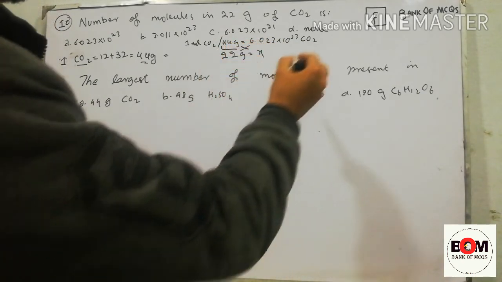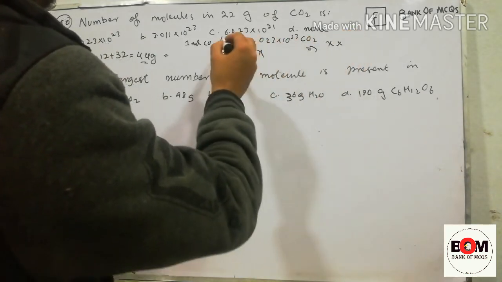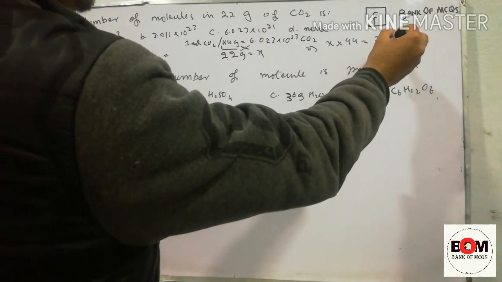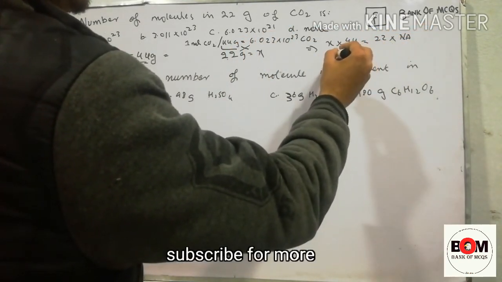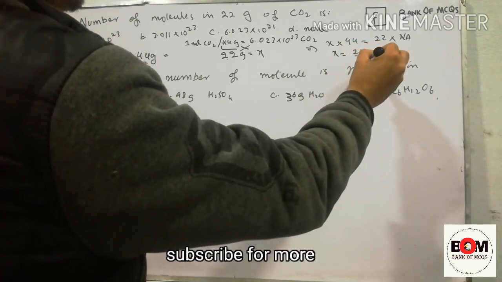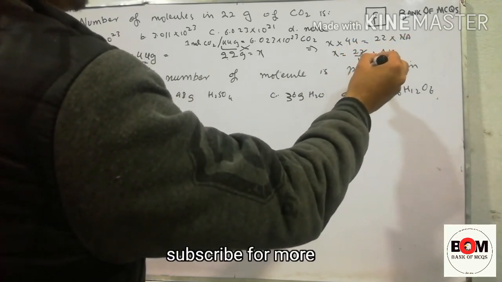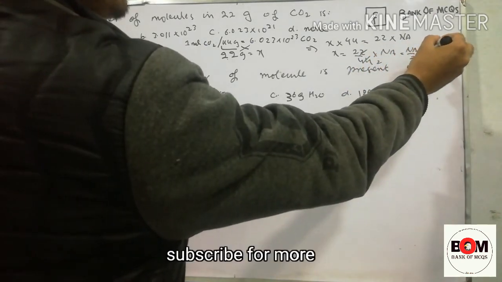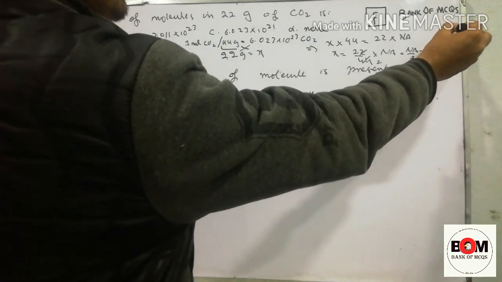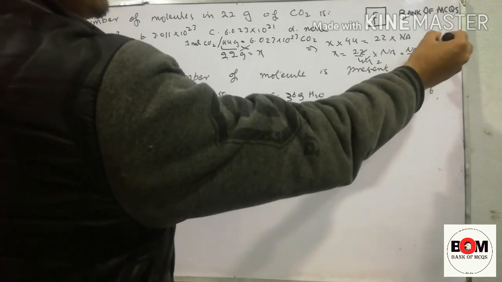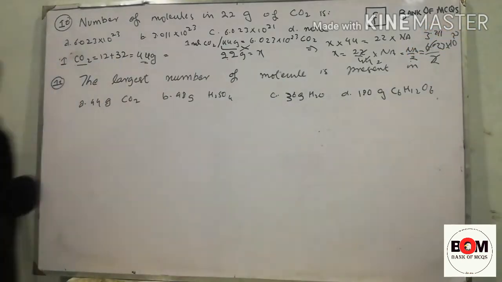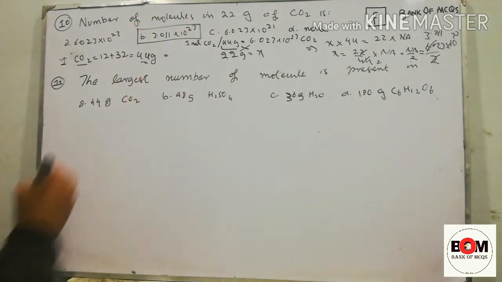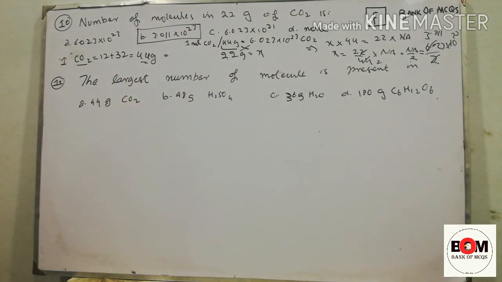By cross multiplication, we get x multiplied by 44 gram is equal to 22 multiplied by 6.023 multiplied by 10 to the power 23, or Na, so x is equal to 22 by 44 multiplied by Na. 22 by 44 is one half, so Na divided by 2, where Na is equal to 6.023 multiplied by 10 raised to power 23, and divided by 2 we get 3.011 multiplied by 10 raised to power 23. So 3.011 multiplied by 10 raised to power 23 is the correct option.